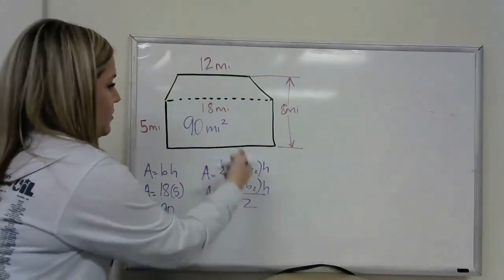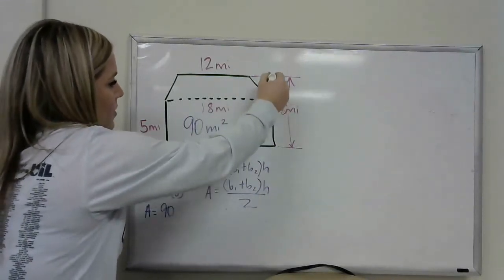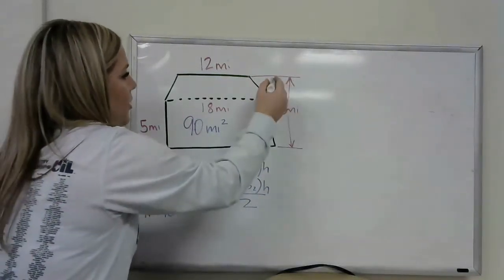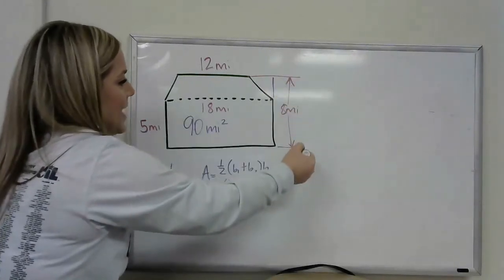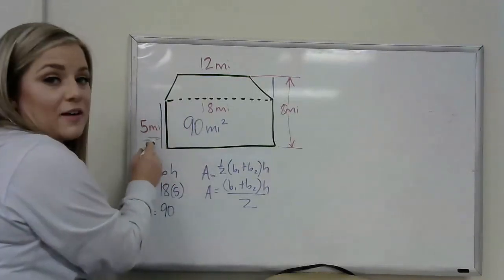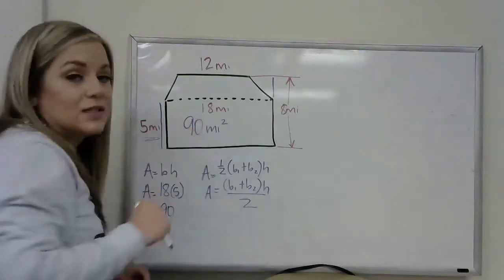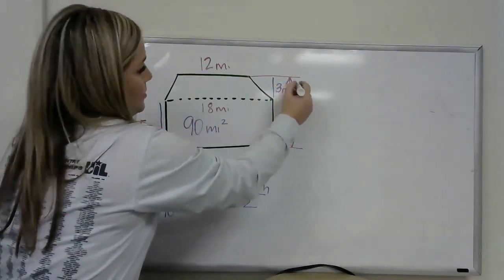Base 1 plus base 2 times the height, which is right here, divided by 2, okay? So we got to figure out what this measurement right here is. Well, we know this whole thing right here is 8 miles, and we know that this part is 5. So if we subtract 5 from the 8, that'll give us what's left over up there, which is 3, okay? So 3 miles, I guess.